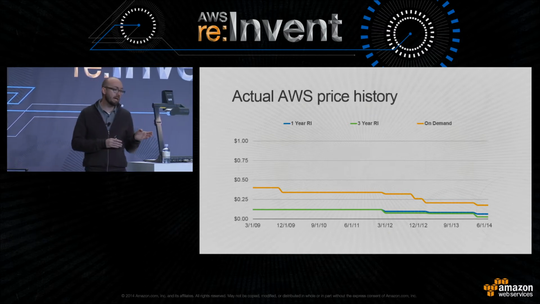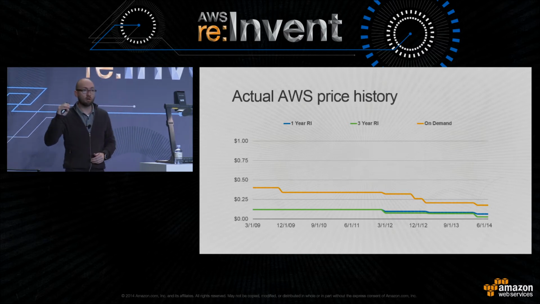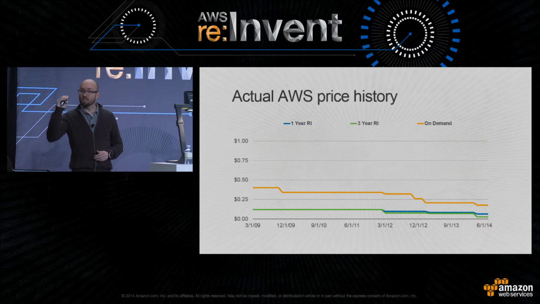And we compared that to reservation prices over the same time period. And what you can see is that as on-demand prices dropped, so did RI prices. And there's really never a time where an RI price or an on-demand price drops below what the previous RI price was. So it always makes sense to buy RIs.